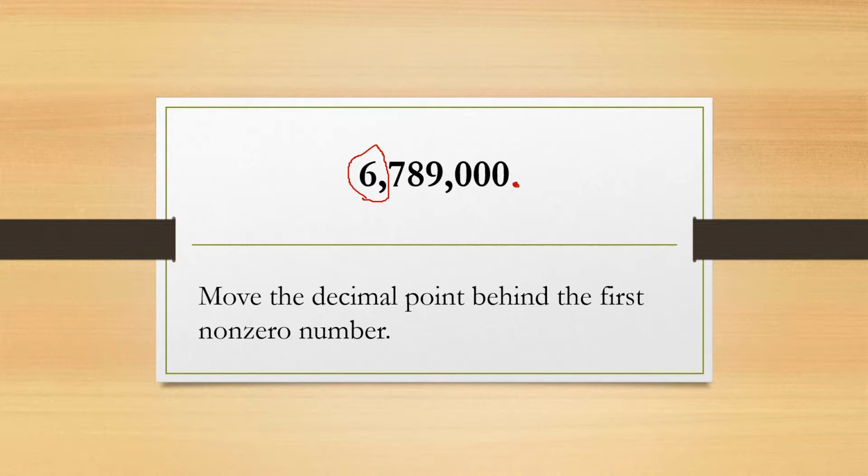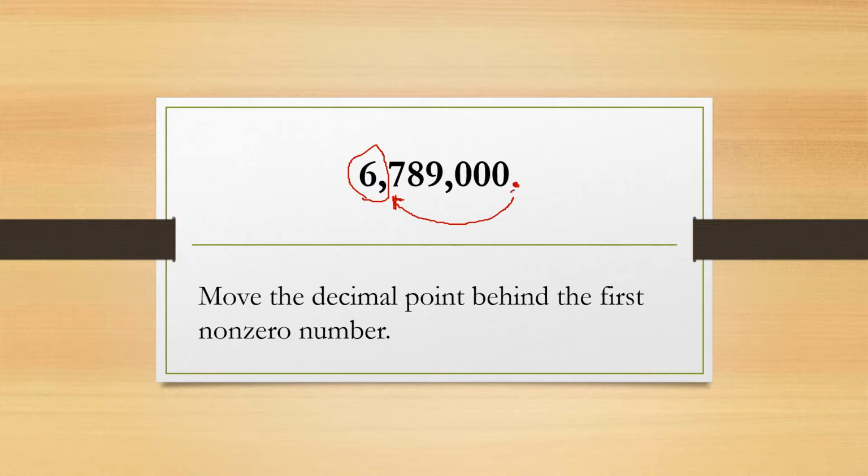So we want to move this decimal point all the way over and put it right behind that 6. How many places do we need to move it?